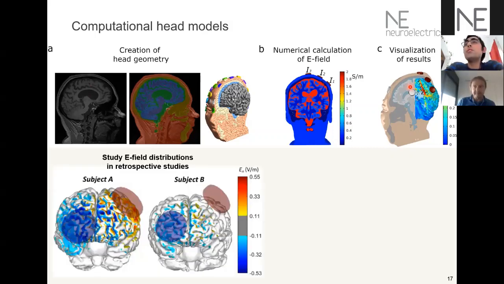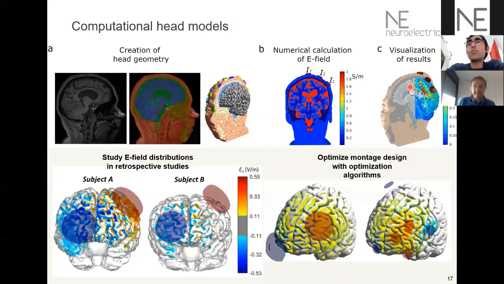There are two things you can do with these models. One is, of course, to look into montages that people typically use in their experiments, like the big sponges montages, and determine the electric field properties in those montages in a retrospective manner. This is important to shed some new light on the results of a previously done experiment, or to study the physical properties of the electric field in tES in general.